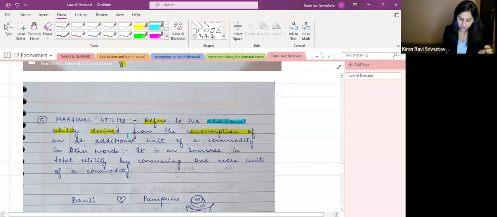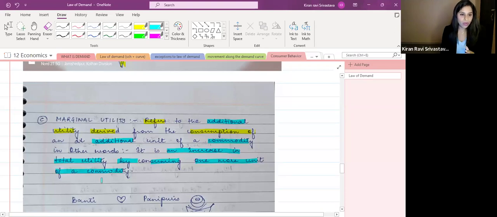It refers to the additional utility derived from the consumption of an additional unit of the commodity. In other words, it is an increase in the total utility by consuming one more unit of the commodity.